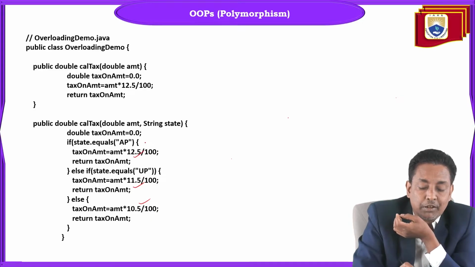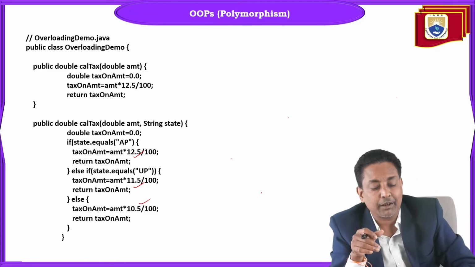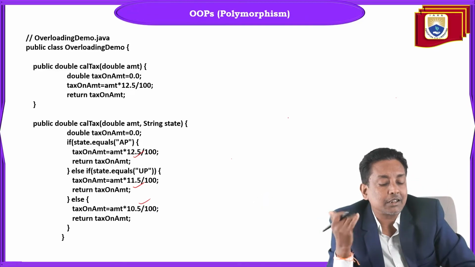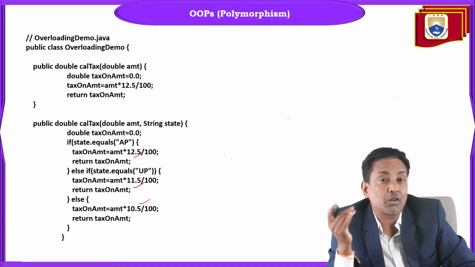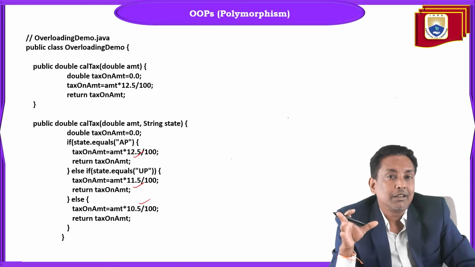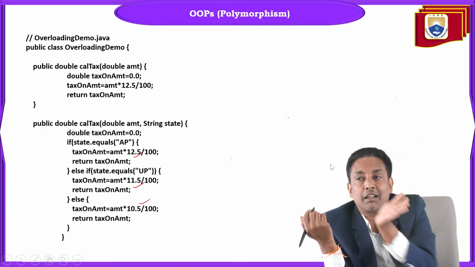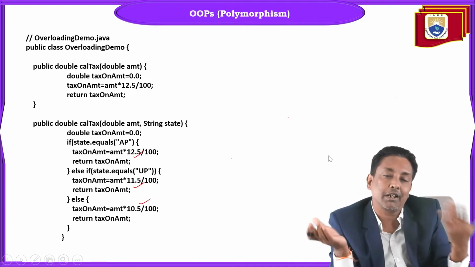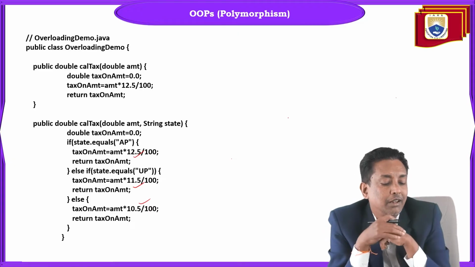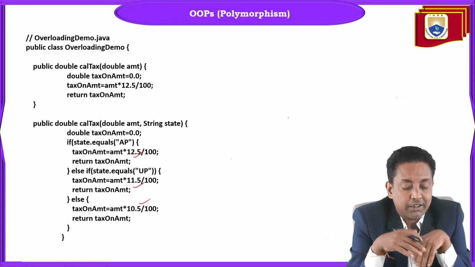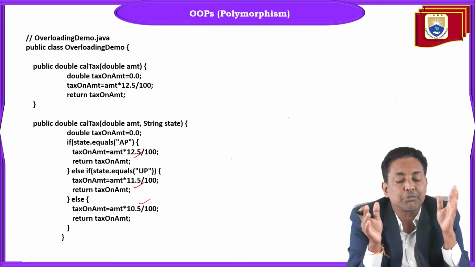In AP, 12.5%. In the rest of the states, some 13.5%. The government has decided that the tax calculation should vary from state to state or region to region: north, east, south, west. Region-wise or state-wise, the tax calculation should change. That is the rule the government has imposed.